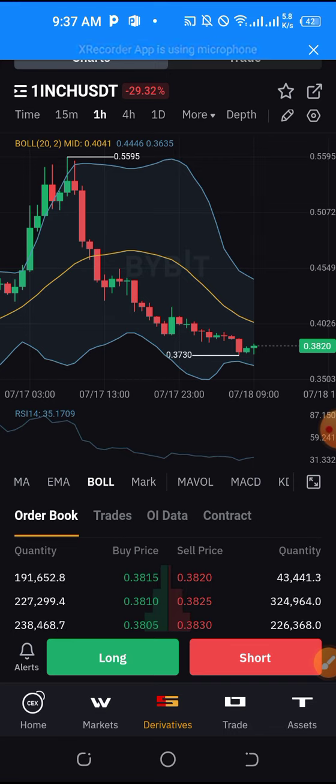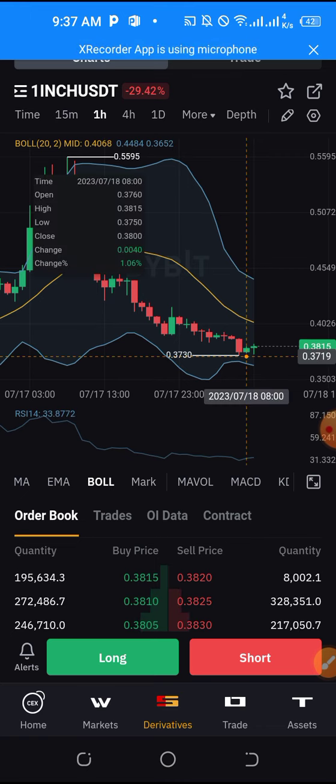If I'm using the Bollinger Band indicator alone, I may decide to buy because it's almost at the lower band, and there's every possibility that the price may go up. But the Bollinger Band alone will not give me the adequate answer that I want.